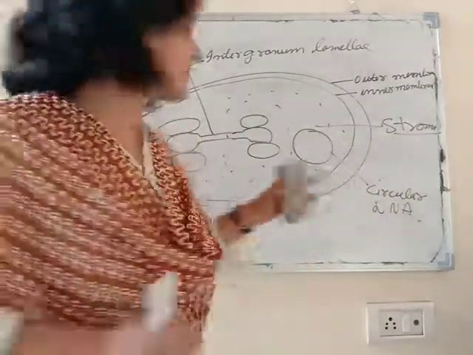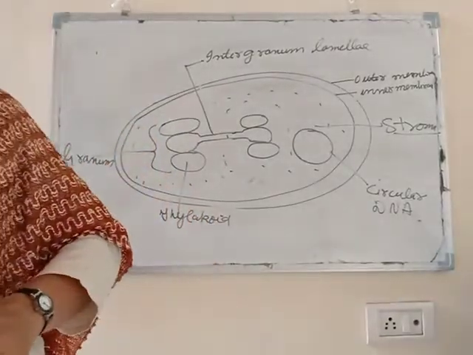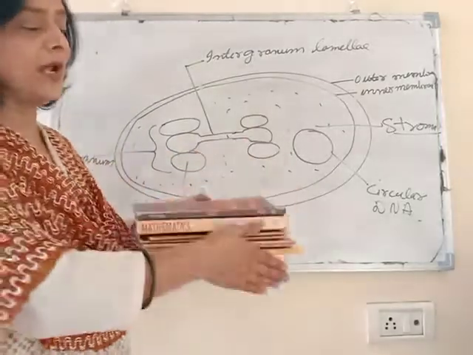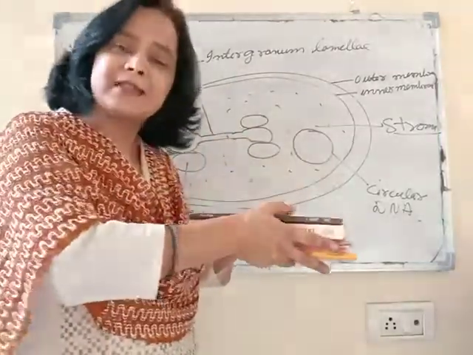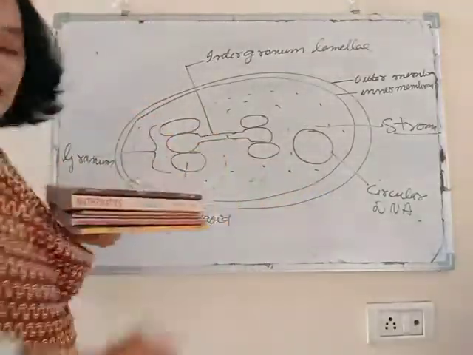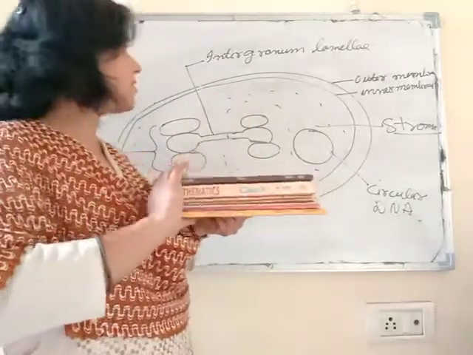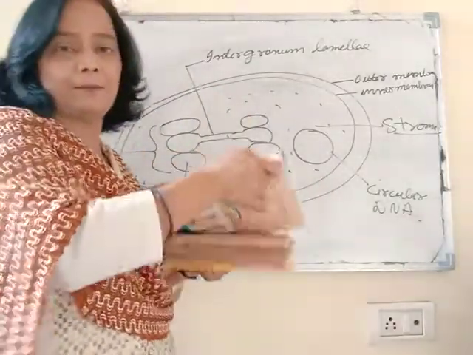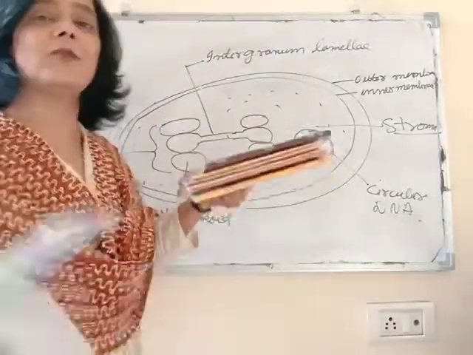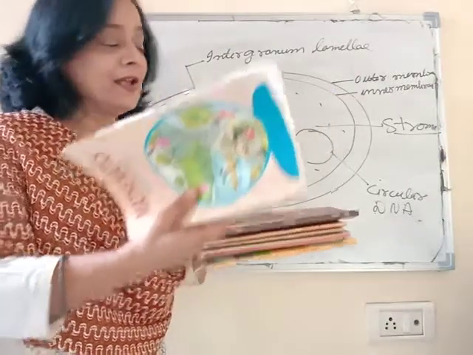To understand this concept of granum and thylakoid, let's assume I have so many books with me. These books are placed one on top of the other. So I can say this is a pile of books, P-I-L-E. Pile means a stack of books, a group of books. If I take one member out of this stack, this is a book, isn't it?